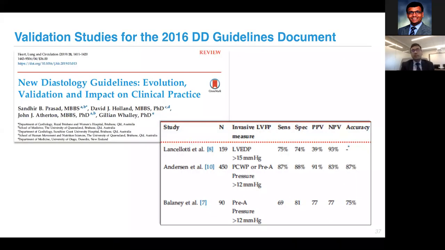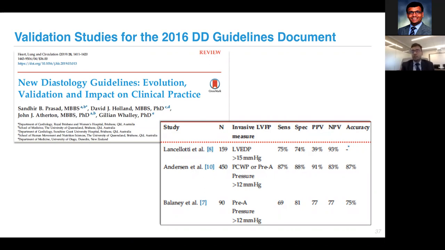So the criteria described by the 2016 guidelines have been validated in several trials, and there has been effort that shows that these variables can be measured, and there is robust sensitivity and specificity.